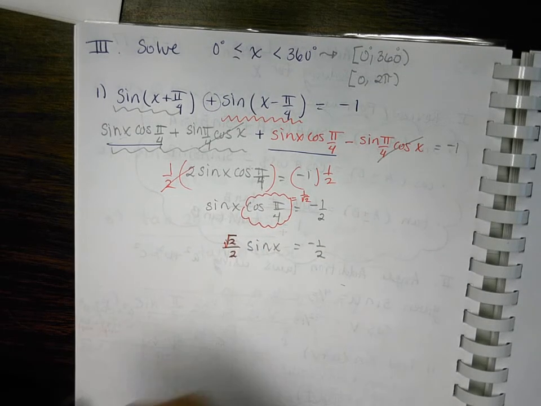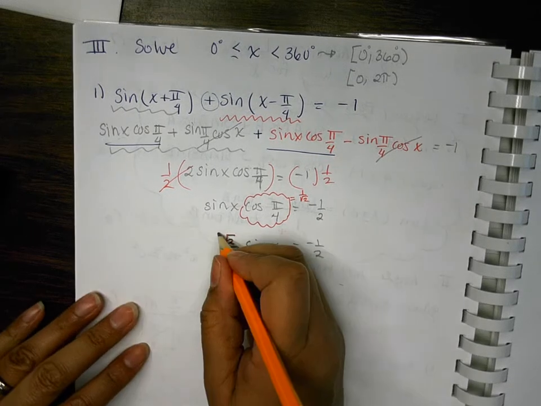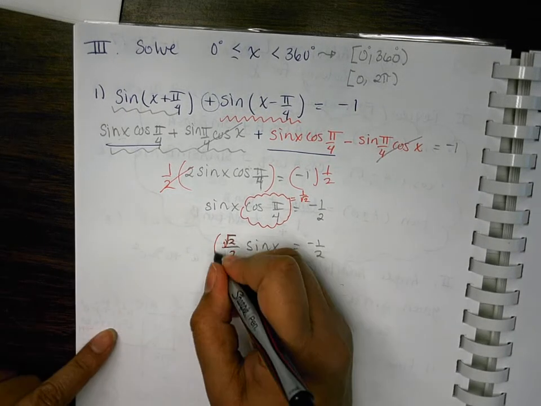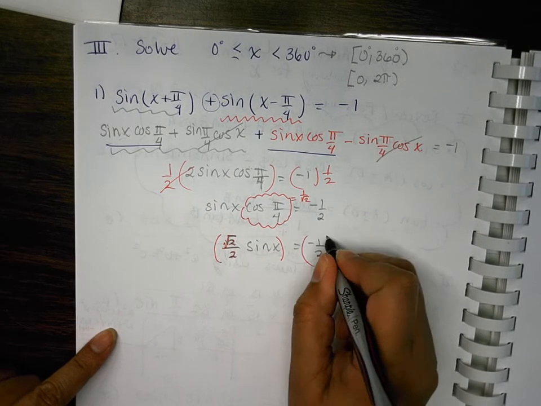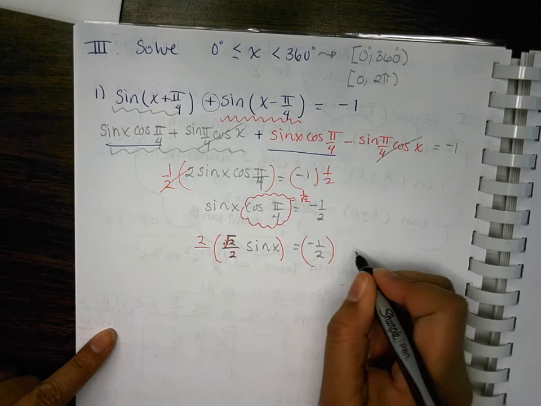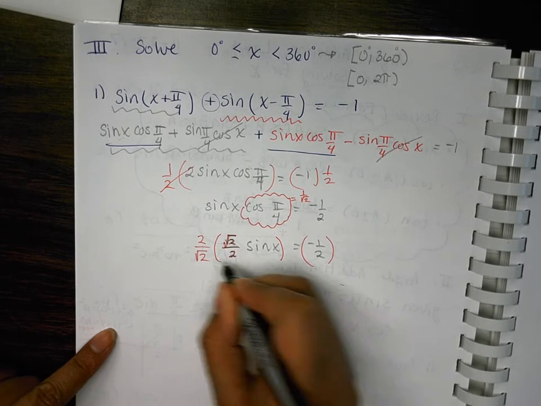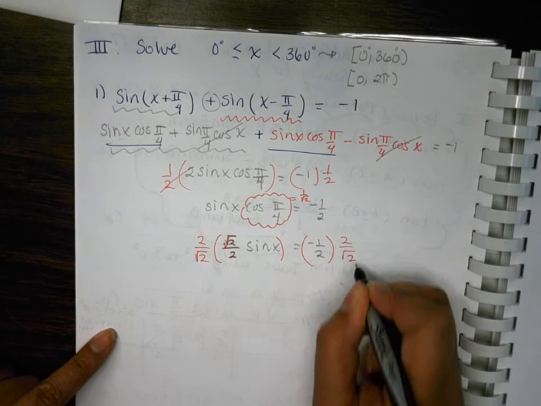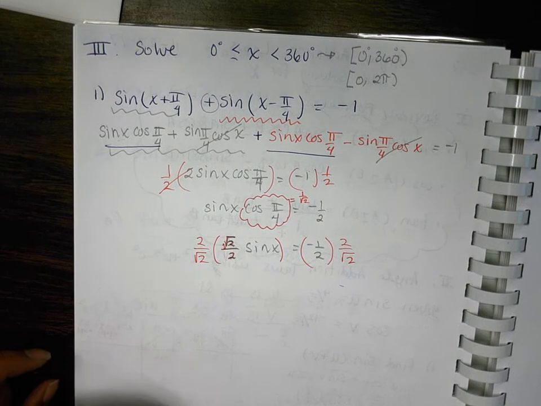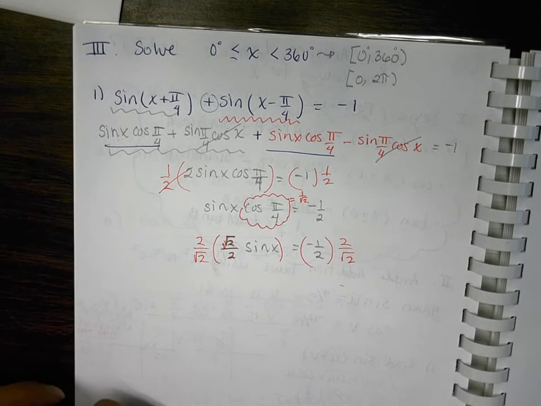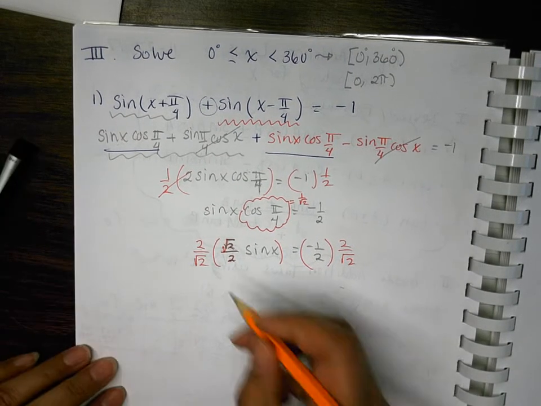All right, I'm still trying to get sine of x by itself, so what can we multiply both sides by? 2 over root 2. Now, why would we do that? To get sine by itself. Good. Cross out, out, out, out.